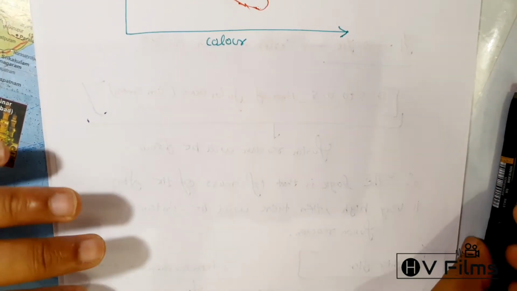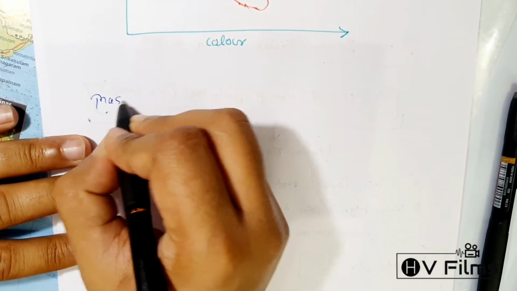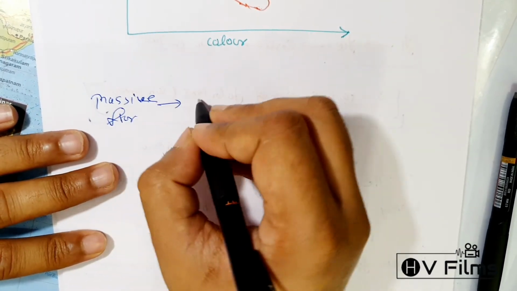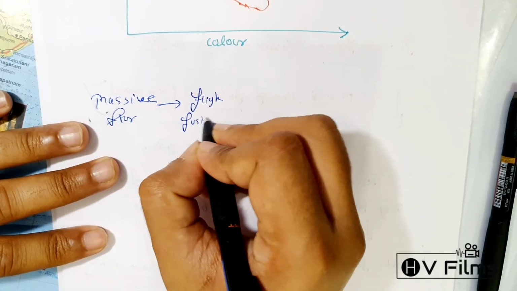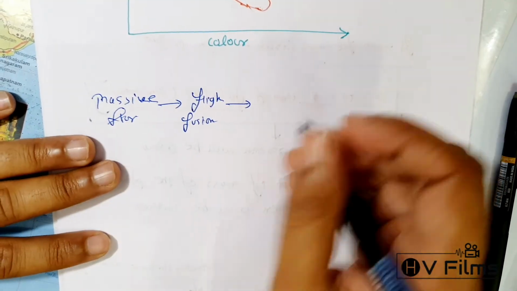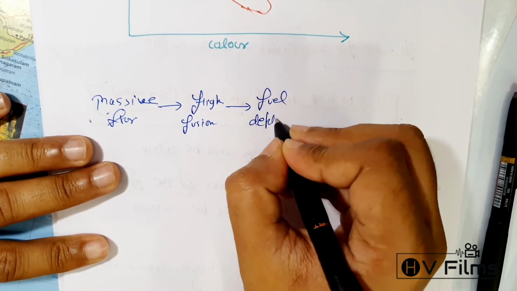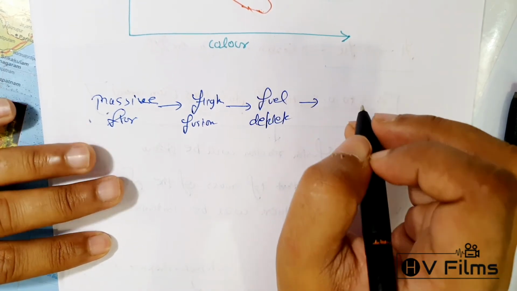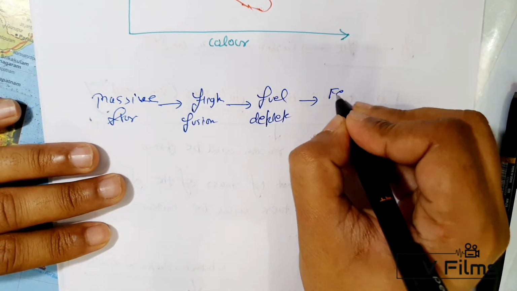So we say generally, when a massive star undergoes a very high fusion rate, its fuel will deplete very fast, and it crosses from hydrogen to helium, then carbon, then oxygen, then neon, and finally it reaches the iron stage.